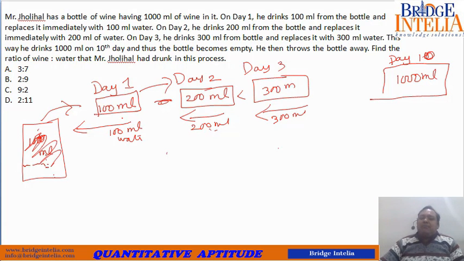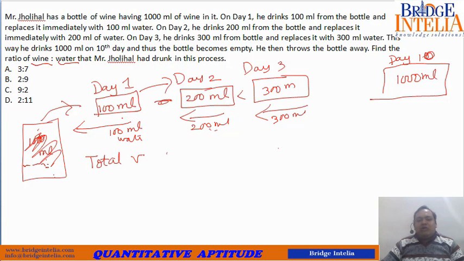So the bottle became empty because he drank the entire content and threw away the bottle. So the bottle became empty on the 10th day. So the question is, in this process, what is the ratio of wine to water that Mr. Jholihal has drunk? So let's understand.